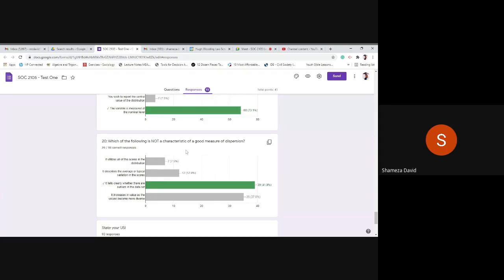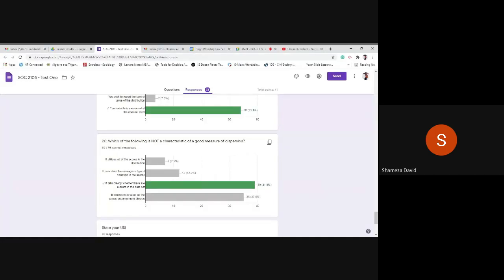You want your measure to describe the average or typical variation, and that's why we use the standard deviation rather than the range. The range doesn't utilize all the values in the distribution, and it doesn't tell you a typical variation; it just tells you in a very rudimentary manner what the spread of the values is. And then, of course, a good measure increases in value as the data becomes more diverse or more dispersed.